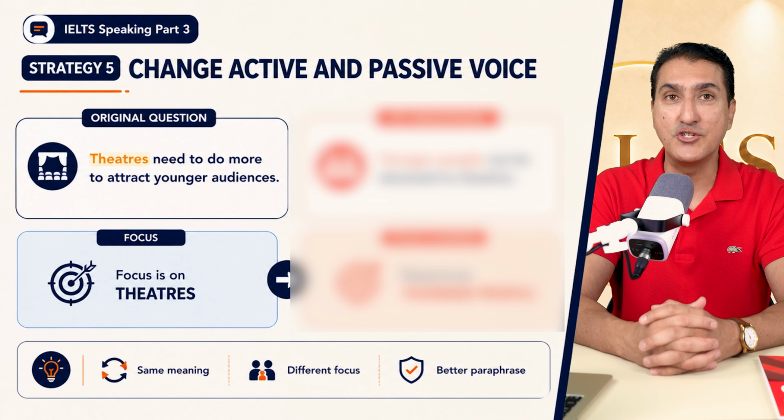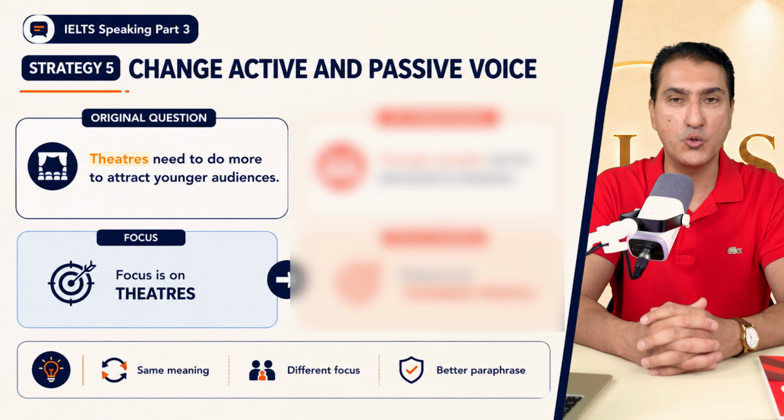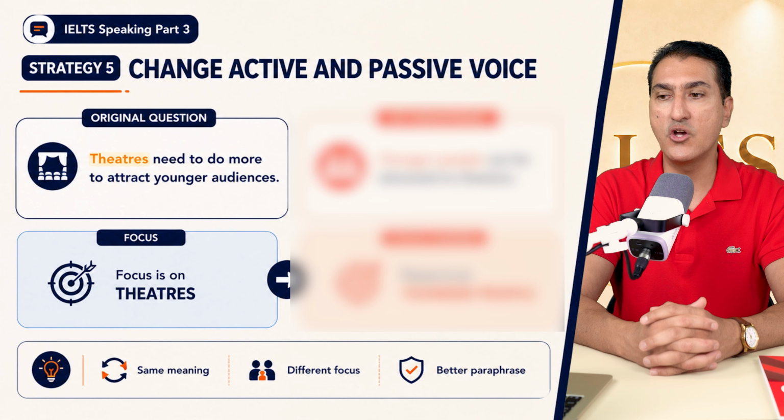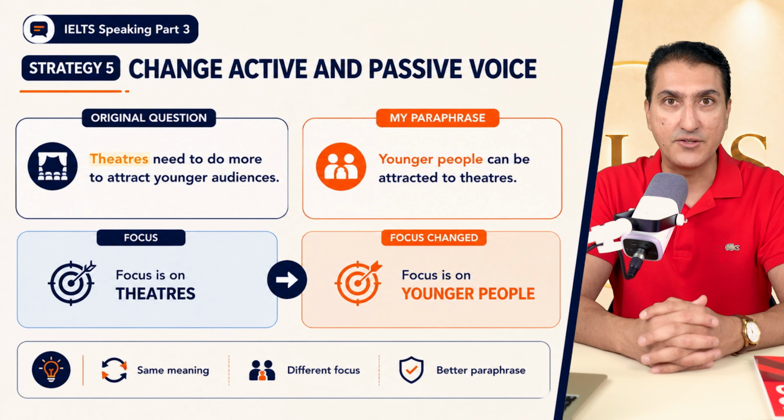The second strategy is strategy number 5, change active and passive voice. Look at the original question. Theaters need to do more to attract younger audiences. Remember what we learned in our paraphrasing masterclass. When we change a sentence from the active voice to the passive voice, we also change the focus of the sentence. In the original question, the focus is on the theaters.